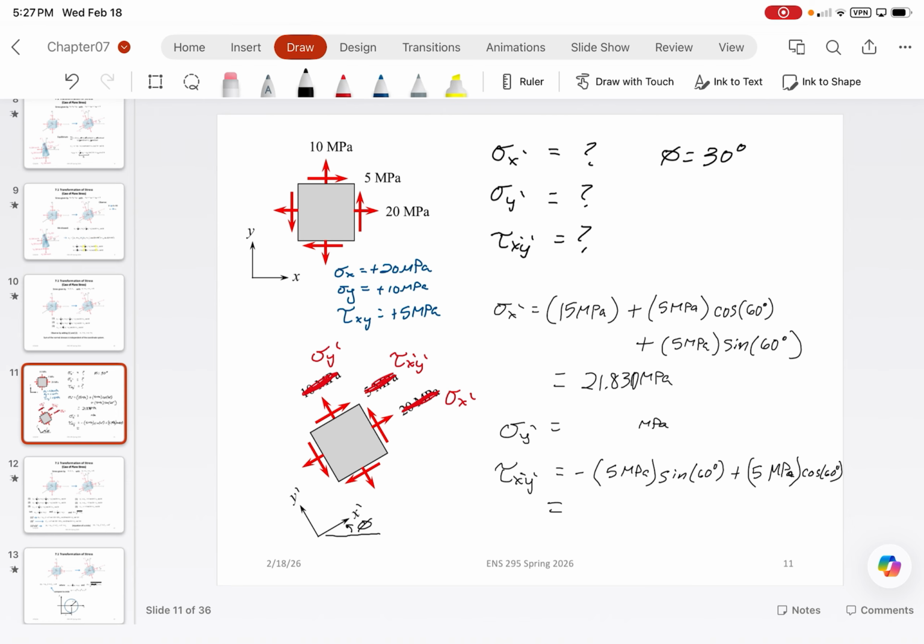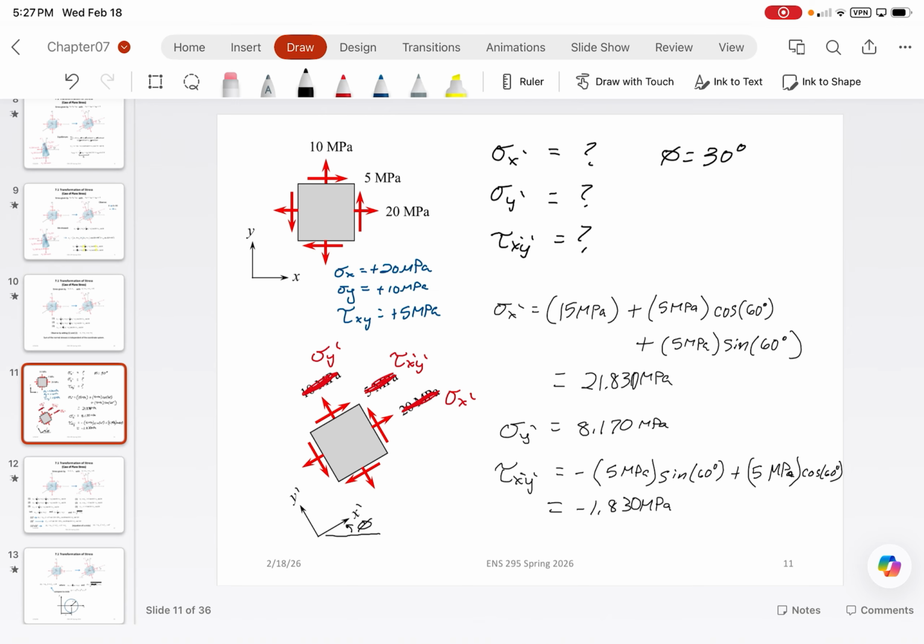Sigma y prime is 8.170 megapascals. Make sure your calculators are in the right mode. And then negative 5 sine of 60 plus 5 cosine 60 should give you negative 1.83 megapascals. Is that what everyone gets?